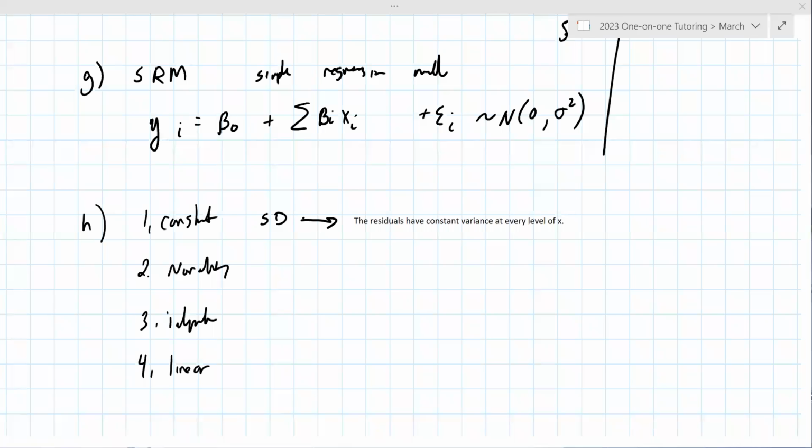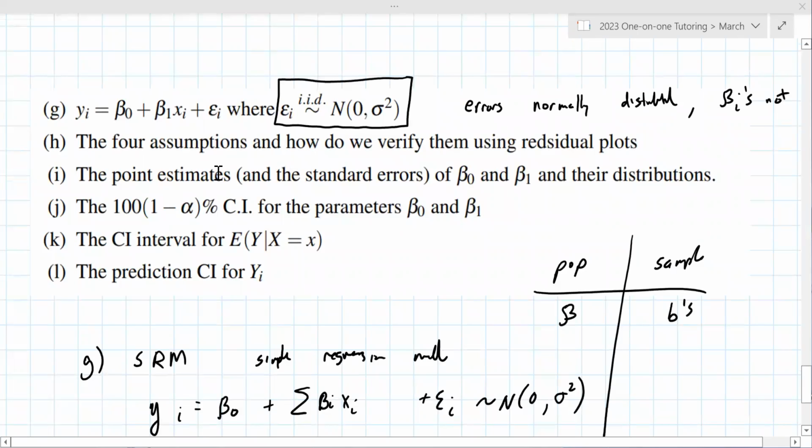Okay, let's move on to the point estimates and the standard errors of B0 and B1 and their distributions. The point estimates, like in a regression, would be B0 or plugging in a value.